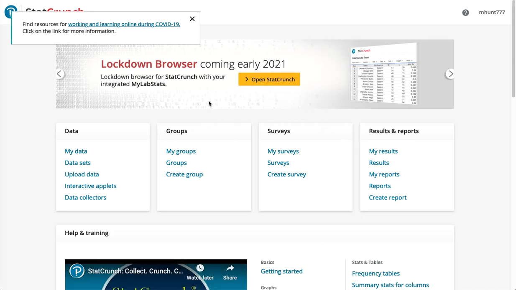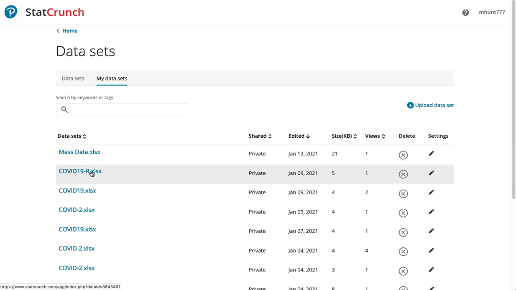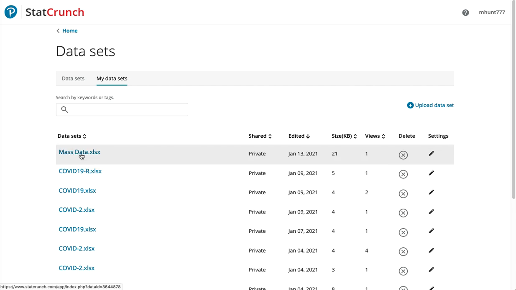Now, since you've already downloaded COVID-19 and used it in StatCrunch, you should be able to find it in My Data. Of course, I've used it, so there it is. But we're going to be using mass data today because this is a demo.